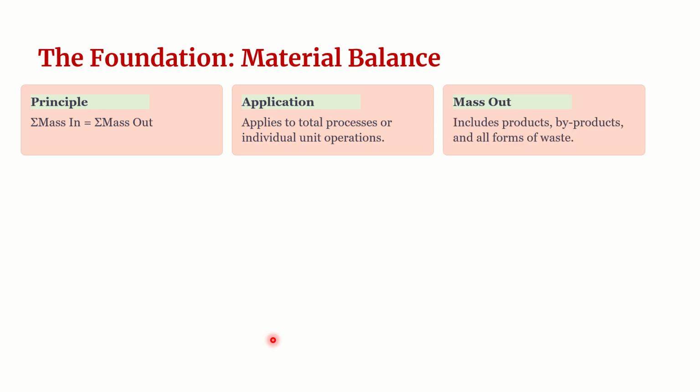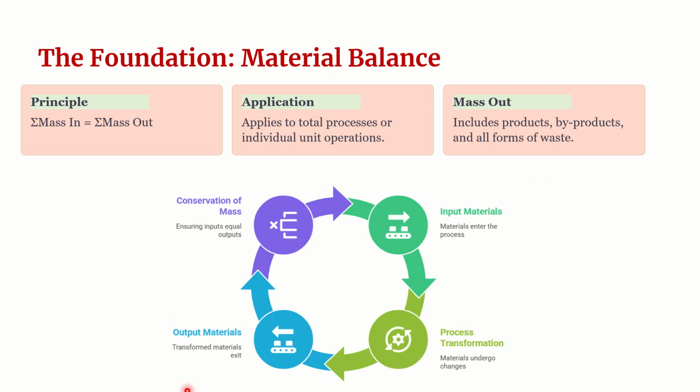The mass out includes desired products or some side products, byproducts, and all the forms of waste. It can be solid waste, liquid waste, or gaseous waste. So that is what was mentioned earlier. The principle is that the total mass entering is equal to total mass leaving, and it applies to all the processes, or it can be an individual one. So everything is covered under this.